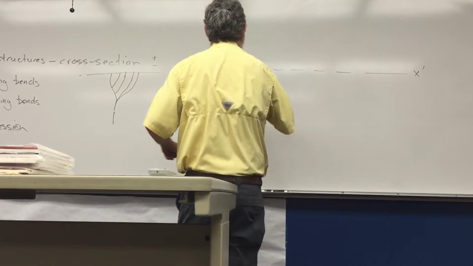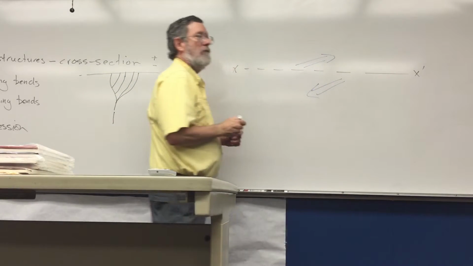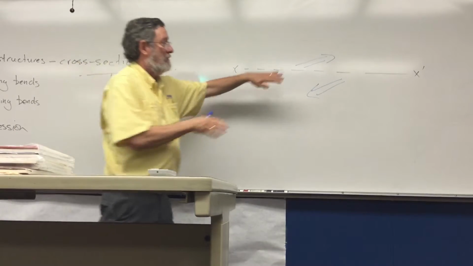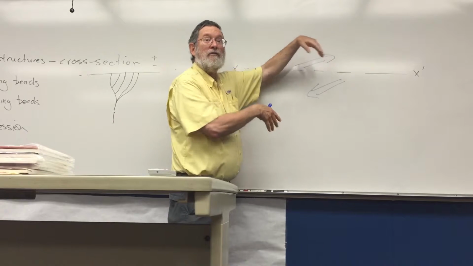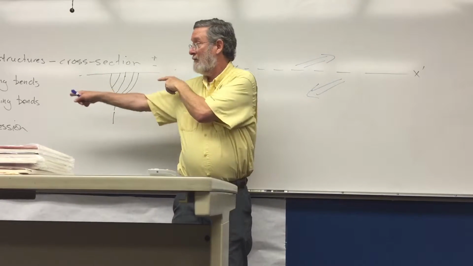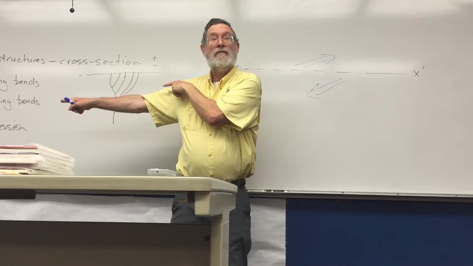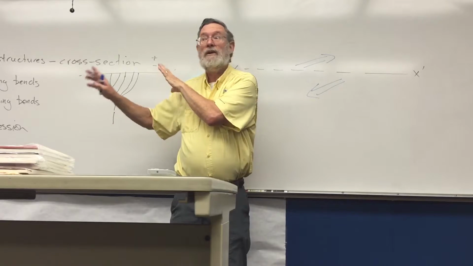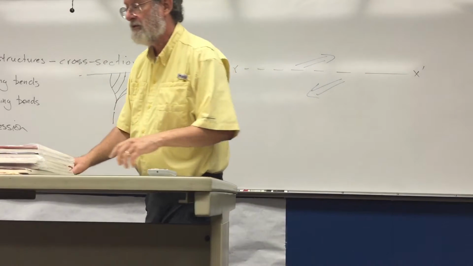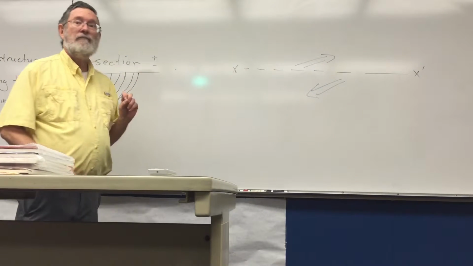So what if we have this? It would be opening up, so we would find normal faults, listric geometries, plus these. So we can end up with some intriguing geometries and some intriguing complexities in that particular system. Does that make sense?